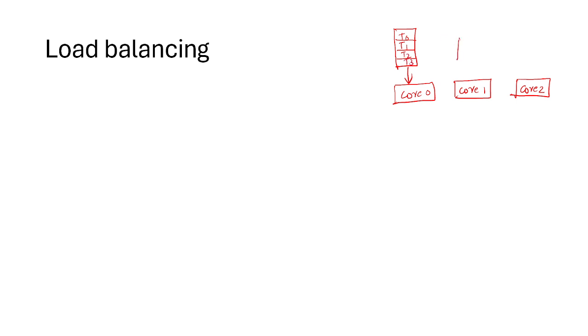Like that, core 1 has its own ready queue with two tasks, T0 and T1. Core 2 has its own ready queue with three tasks, T0, T1 and T2. Now consider all the task execution times are the same, for example 10 milliseconds.